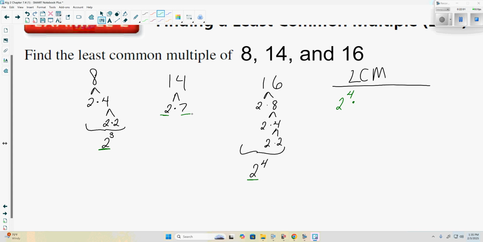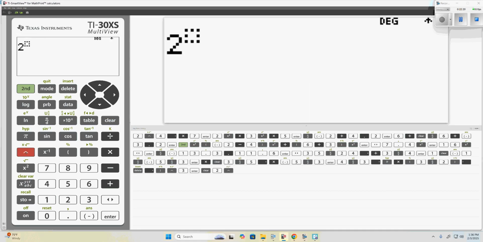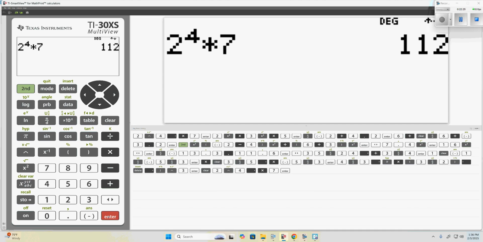How many factors of 7 does 8 have? 0. How many factors of 7 does 16 have? 0. So we need 7 one time. And at this point, we can plug it into a calculator. What is 2 to the 4th times 7? It is 112.